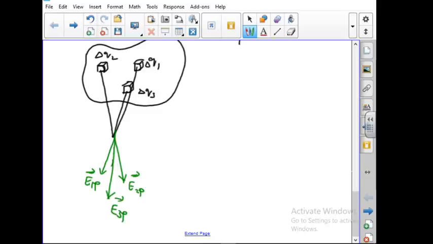You understand now? If the distance increases, the electric field decreases. Q3 is at a lesser distance, therefore the electric field will be greater.